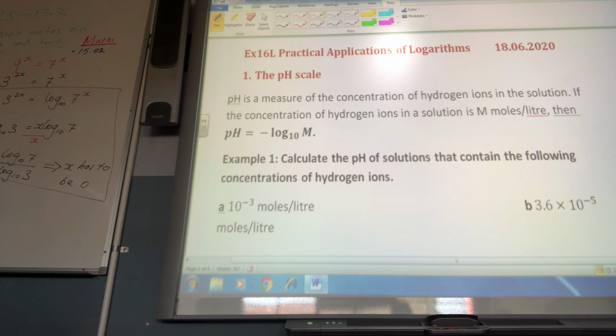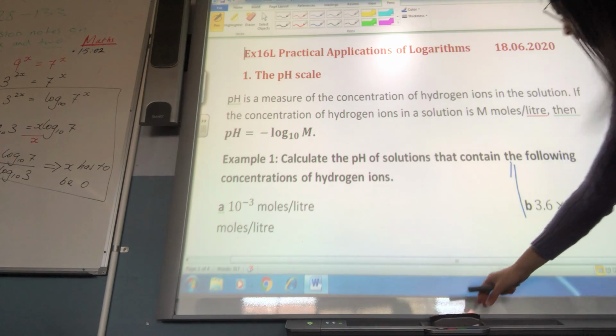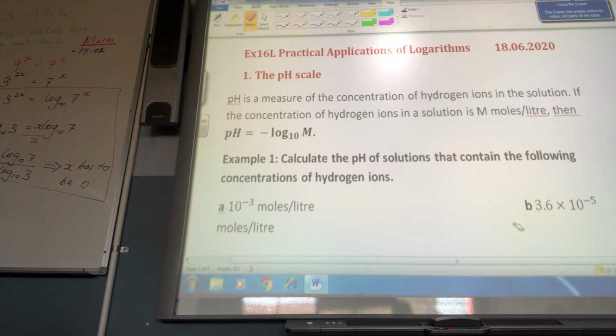It's a chemical that actually tests how much hydrogen ions there is in that solution. So they test how many molecules there are, right? And it's not going to be a big value. It's going to be 10 to the power of negative something. So it's a very small volume.